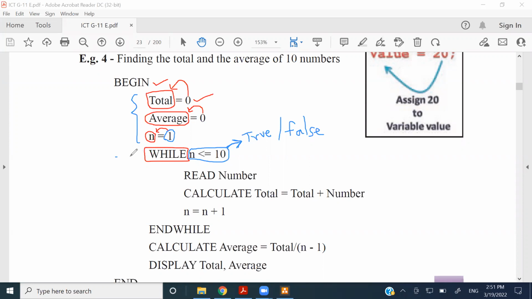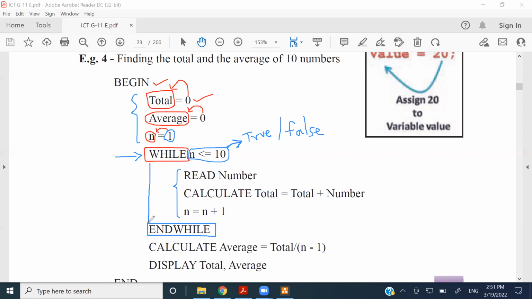So the while structure works like that. When you have something to be repeated, those repeating steps should be included in between while and end while.